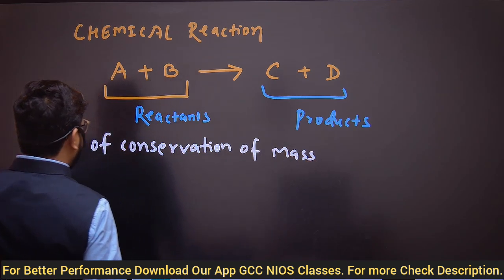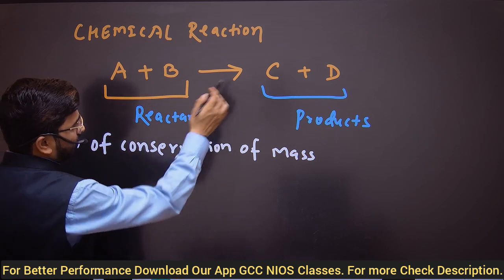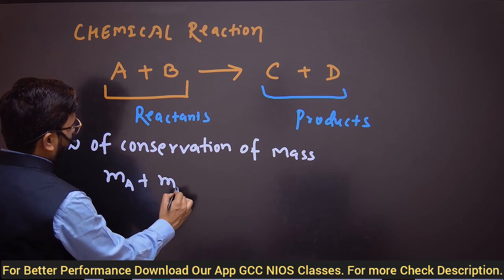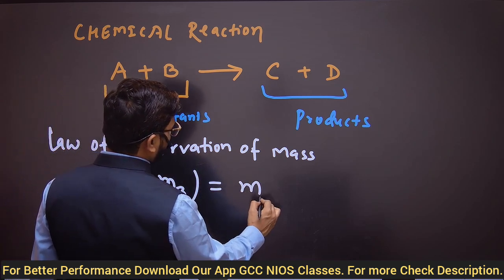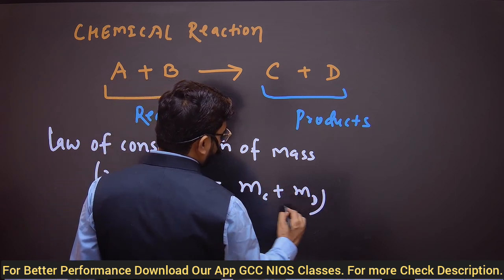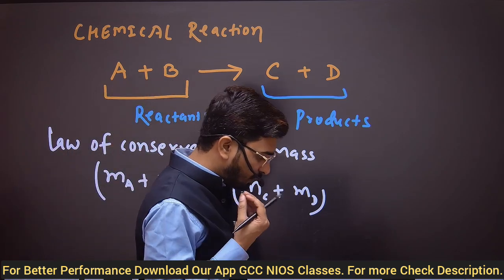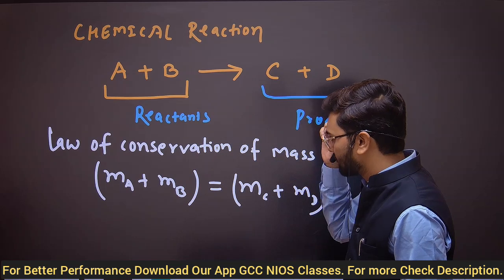It states that the total mass of reactants will be equal to the total mass of products: mass of A plus mass of B is equal to mass of C plus mass of D. But you know what? There is a condition.